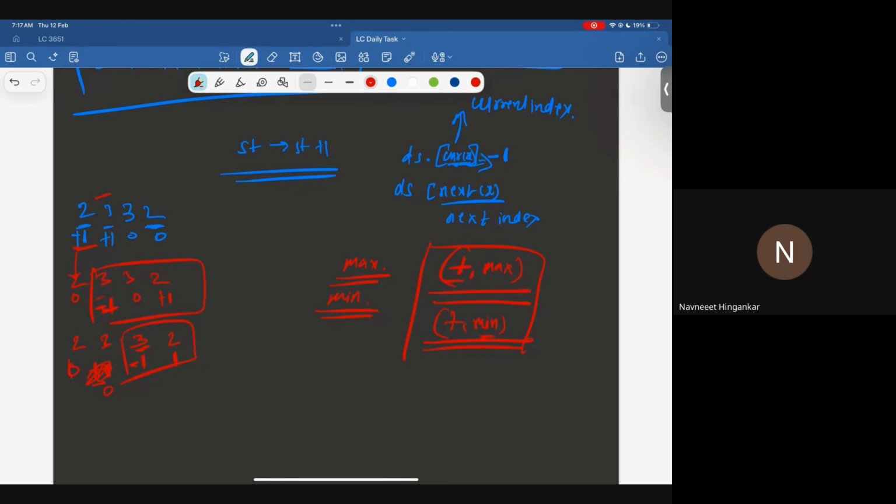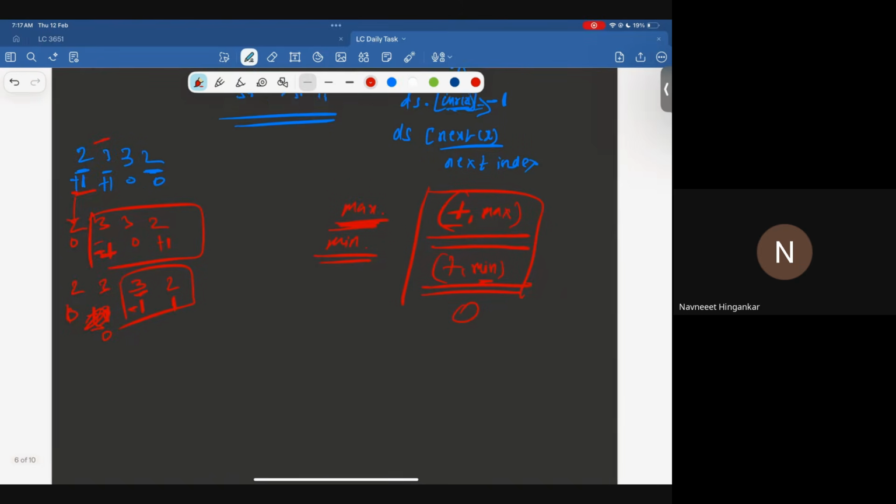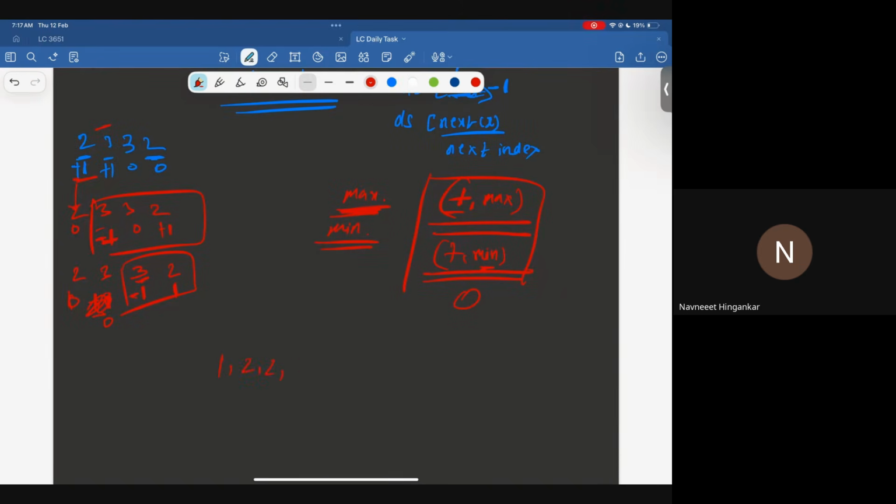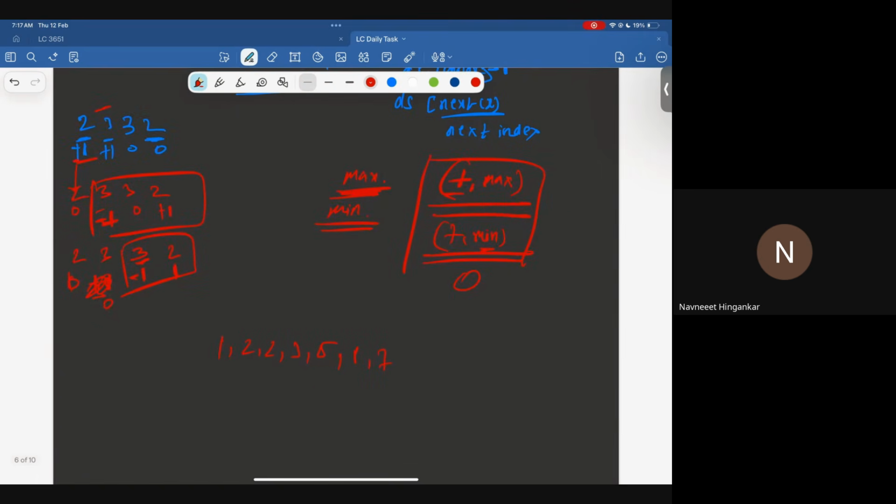After this, because we know max is increasing, let's say 1 2 2 3 5 and 1 7. If you try to find the maximum at each addition to the data structure, say this was my set: 1, 2, 2. Here max is 1, max is 2, max is 2, 3, 5.